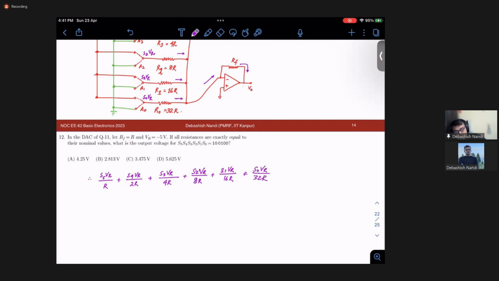Okay, that should be equal to minus this current, right? Minus V0 by RF. Fine.